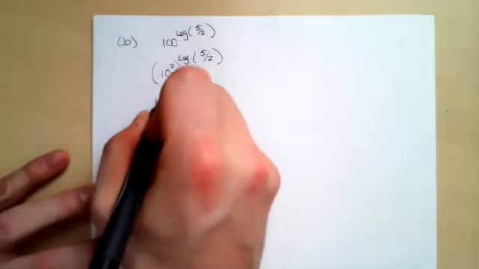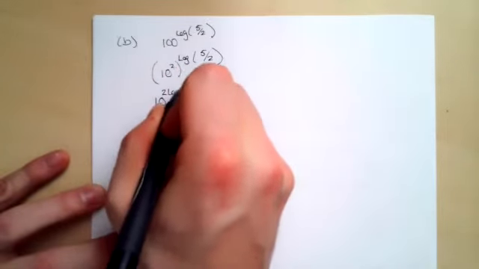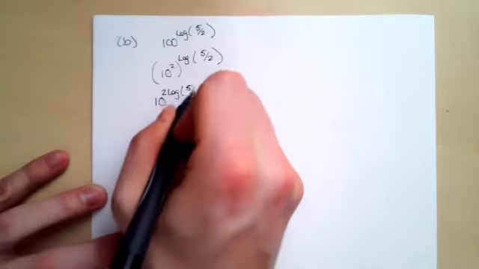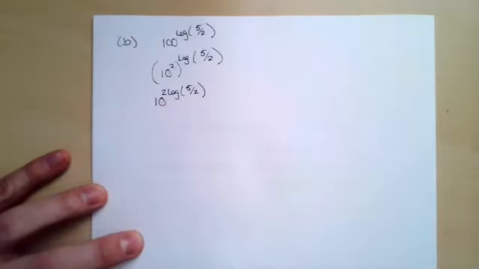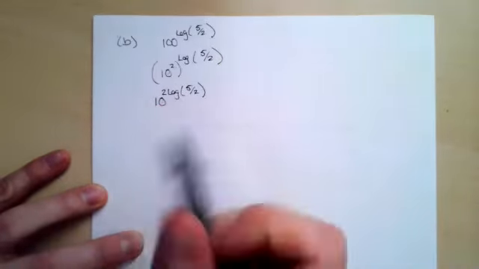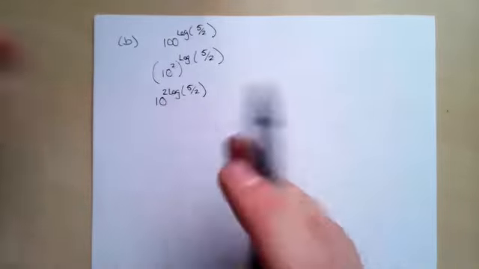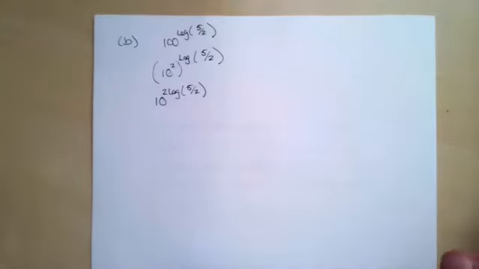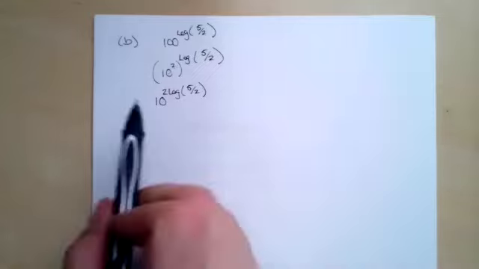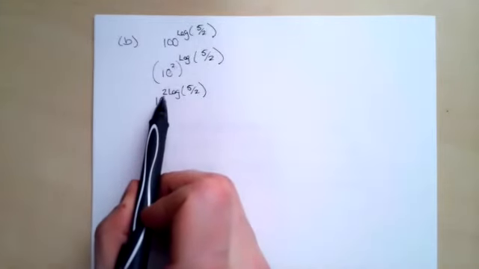So inside the exponent, we have 2 times log base 10 of 5 halves. And we run into this other problem now. We want the 10 and log to cancel, to simplify, but they've got to be touching each other without any steps in between. And we have this 2 here, which is problematic.